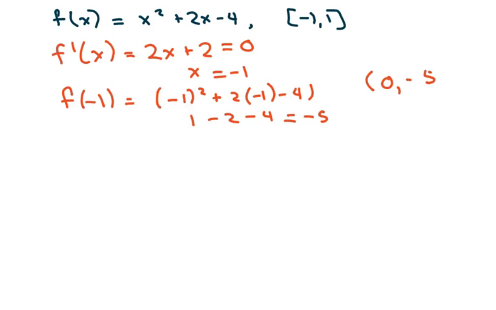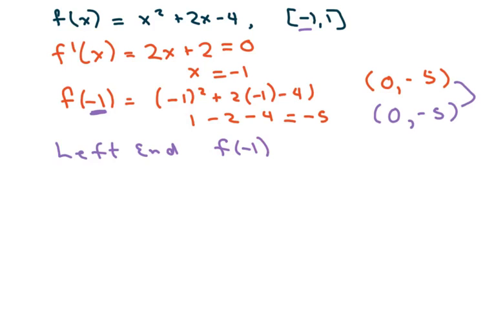Right? And then we're going to check our left endpoint at negative 1. And we already did that. So when we do that, it's the same as before. So these two are basically the same. So your left endpoint is f of negative 1, and your right endpoint is f of 1.